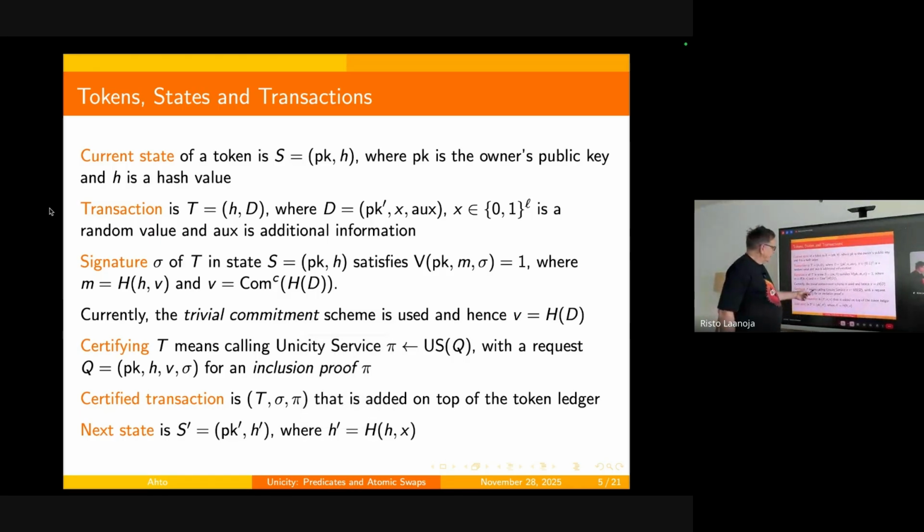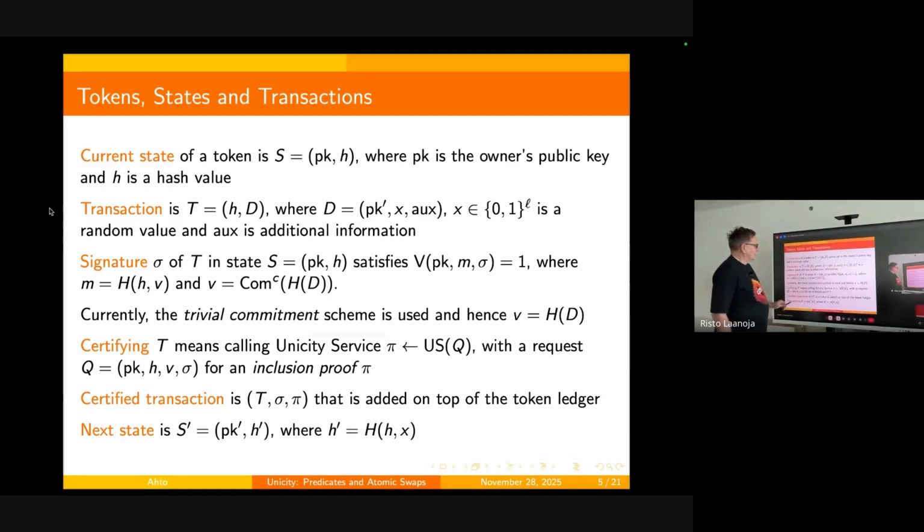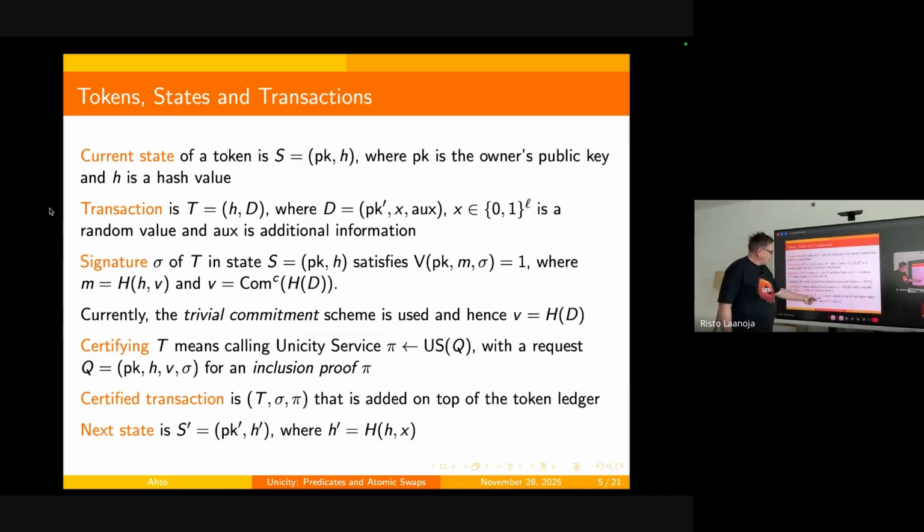And so we create a request which contains the public key, the hash of the state here, and the hash V, and the signature which we created for the transaction. And we send it to the service, and we get back an inclusion proof. And finally, we construct a certified transaction, which consists of the transaction itself, the signature, and the inclusion proof.